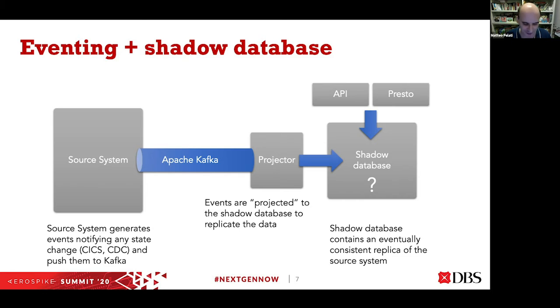Now, as I said before, this database, and I will show you how this fits into the entire picture, will need to have access through API and through Presto. Now, the question was, what's the best choice for this database? We have several requirements.